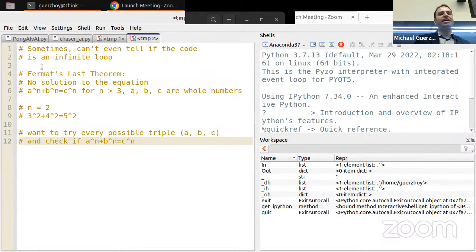Here, I want to try every possible a, every possible b, every possible c. So kind of an unlimited number of characters. It's not like a password of length k, and there's no limit to what a, b, and c could be. But there is a trick here.